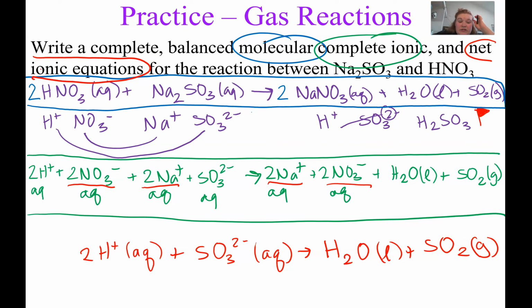So this one's a little bit different because it has the liquid and the gas in it, but the idea is the same. We're only breaking apart the aqueous compounds.